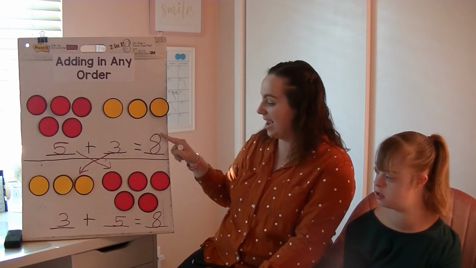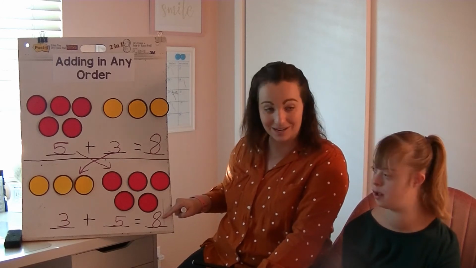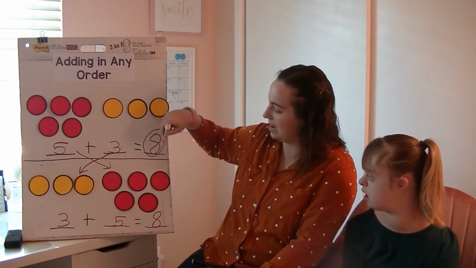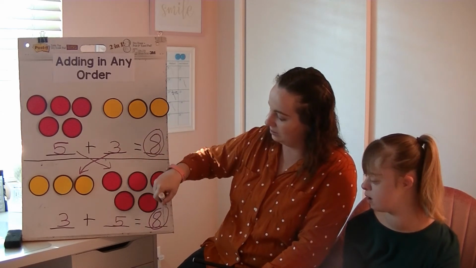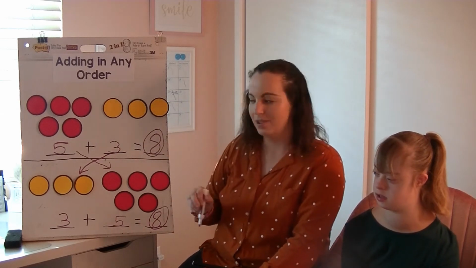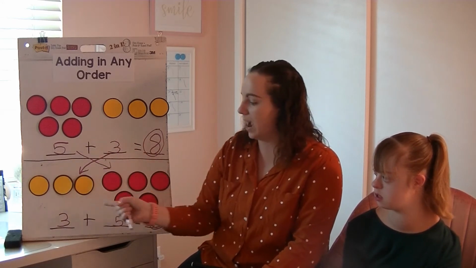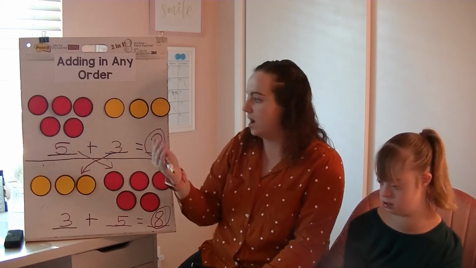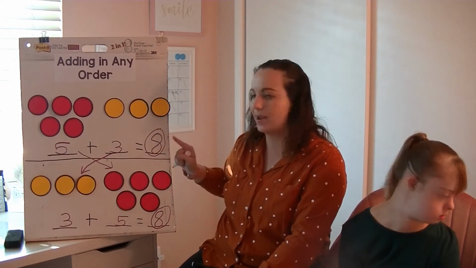Are 8 and 8 the same number? Yeah, it's the same answer. Wowza. We had the same numbers we were adding together, we just switched the order, and yet we still got the same answer.